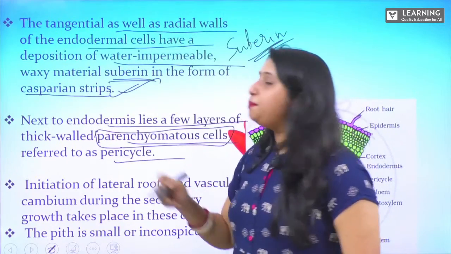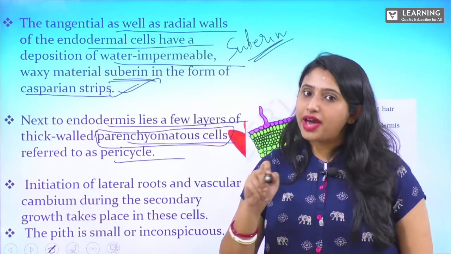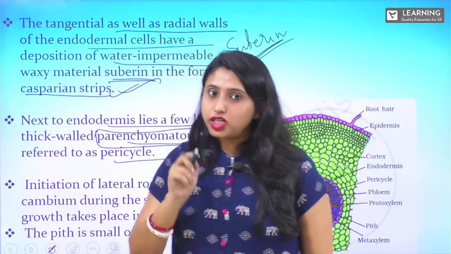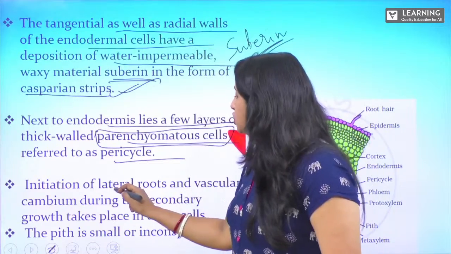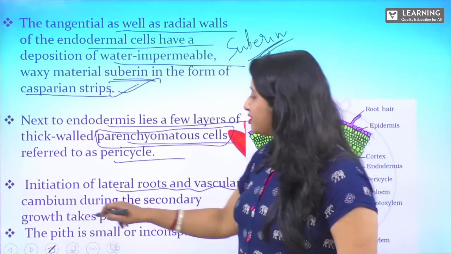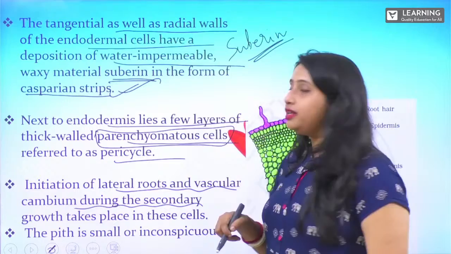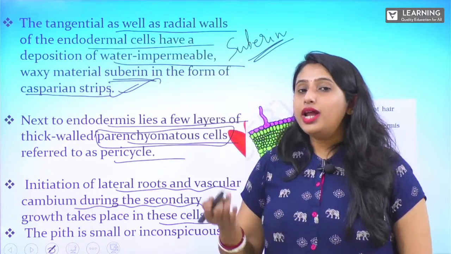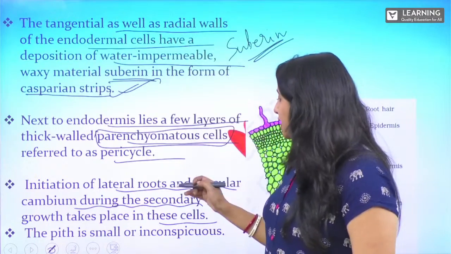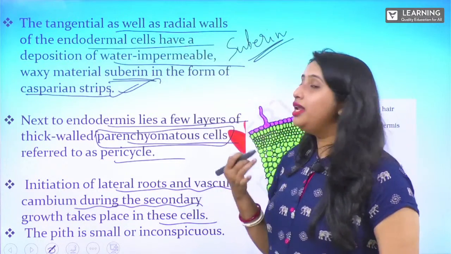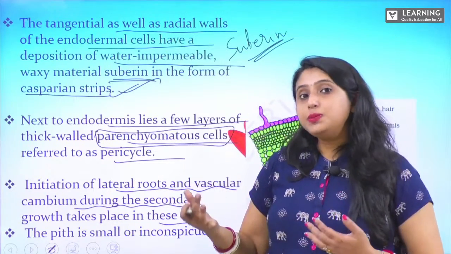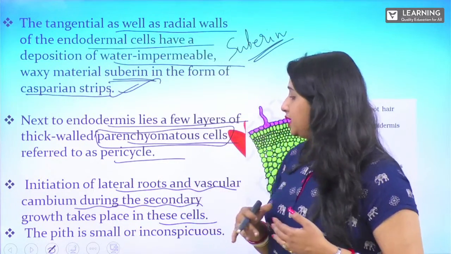The pericycle is made up of parenchyma cells, responsible for storage of food. Initiation of lateral roots and vascular cambium during secondary growth takes place in these cells.